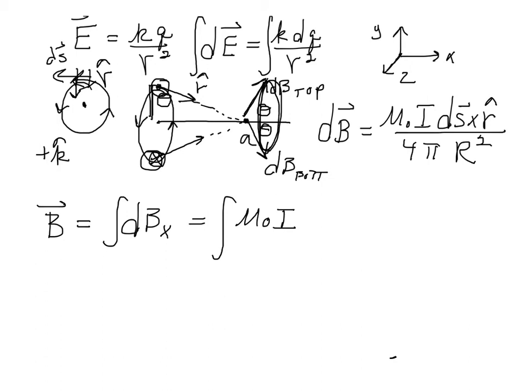So the ds cross r hat reduces to just ds. And that needs to be divided by 4 pi, the distance from the ds to the point A.